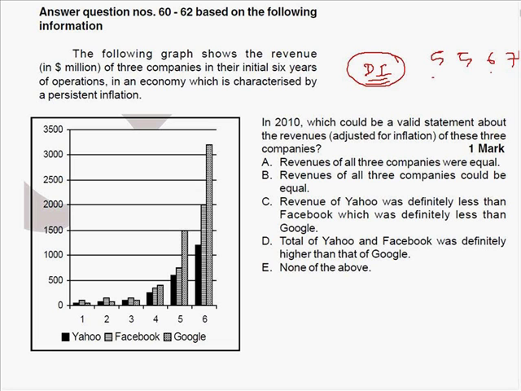So this question had a problem. He says that in the year 2010, I don't see a 2010. First year, second year, third year, fourth year, 5th year, and 6th year. So this is a DI question.